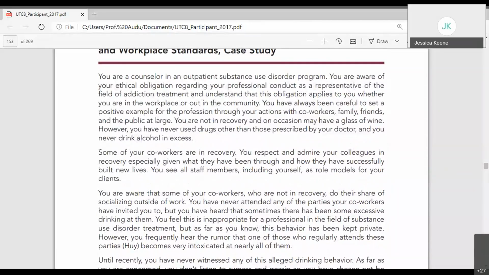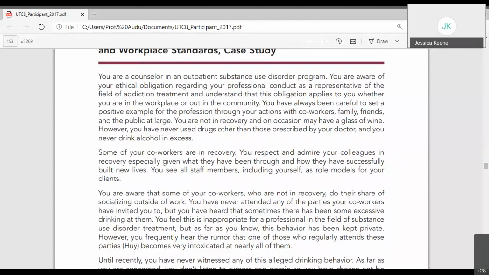You are a counselor in an outpatient substance use disorder program. You are aware of your ethical obligation and professional conduct as a representative of the field of addiction treatment, and understand that this obligation applies to you whether you are in the workplace or out in the community.